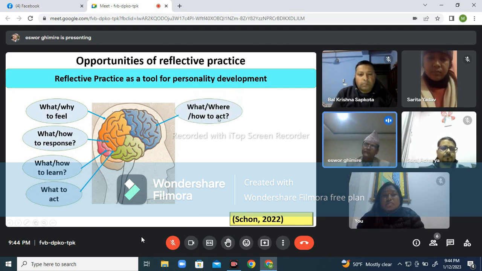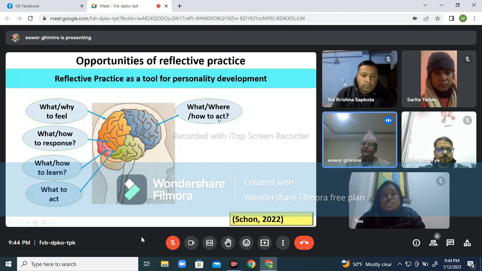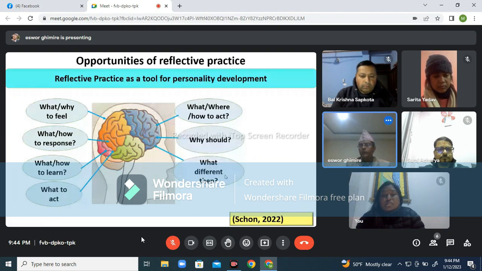What to act, different questions, responses on why we should do that, and components of the reflection. That means what was the past action, what happened in the present, and what will be in the future. This is the process of reflection and how to improve.